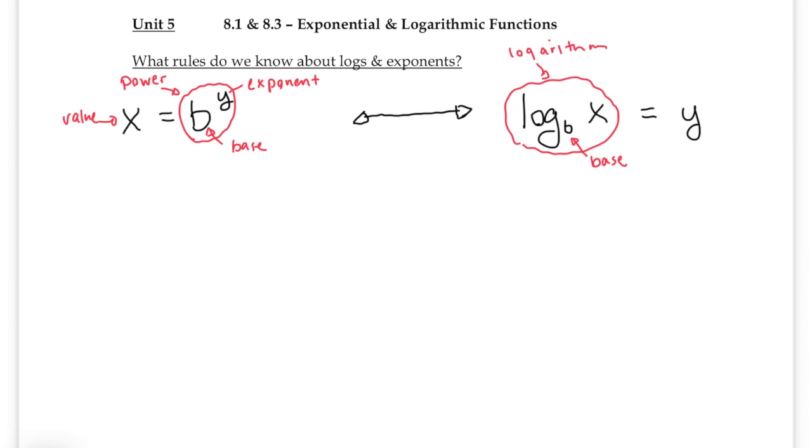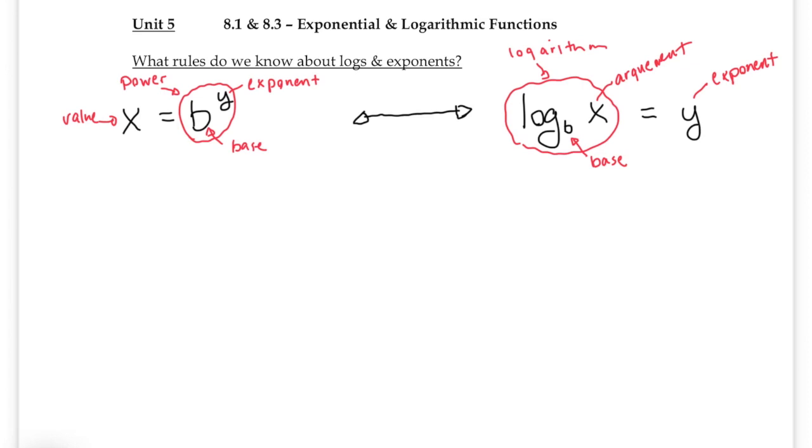So the base of the logarithm is the same as the base of the exponent. This is called the exponent. And a logarithm is essentially equal to an exponent. And the value of the power is called the argument of the logarithm. And it's essentially what the power would be equal to. Okay, and these are basically two ways of saying the same thing.